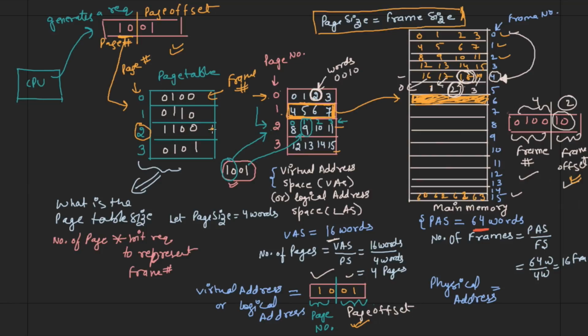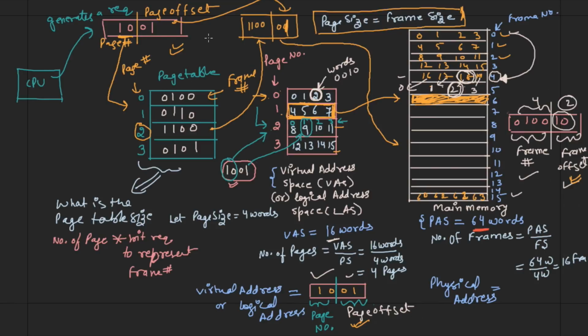It will find out that this particular page is stored in frame number 1100, and it will add this page offset, and say that I want to access that particular byte from this particular frame number. So this is the entire process which we are going to have.